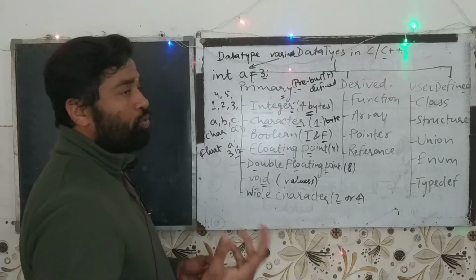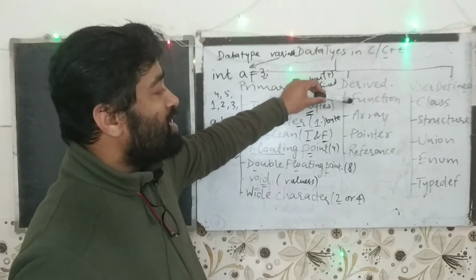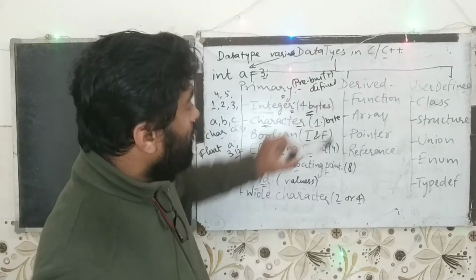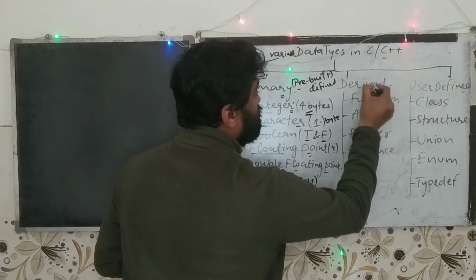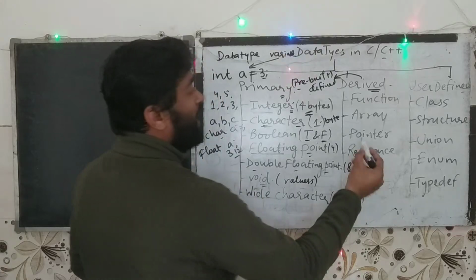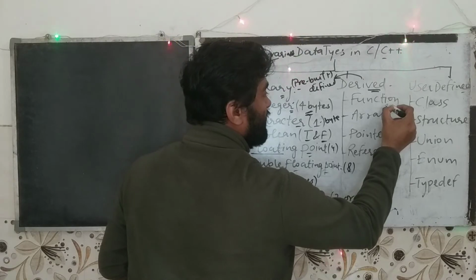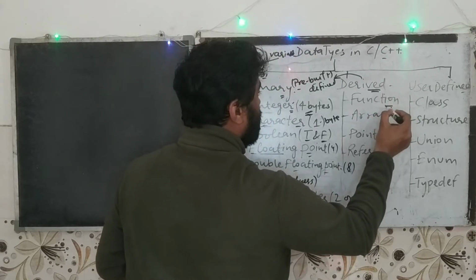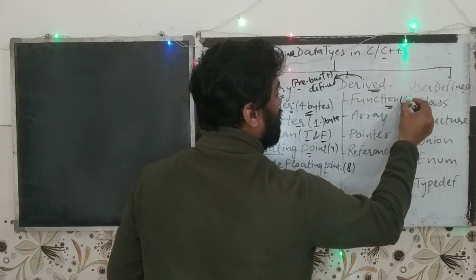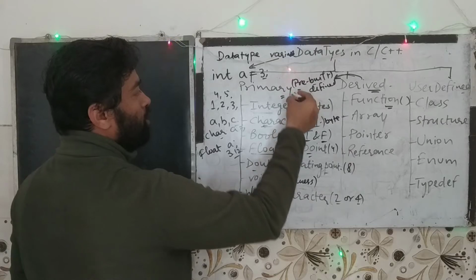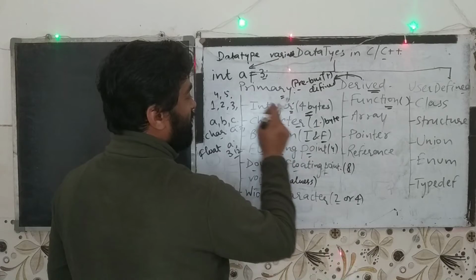If you want to use derived data types, you can derive your own data type, but you have to use these predefined types. The derived data type is also predefined, but you can include predefined data types in it as well. If a function is declared, then in a function you can create your own values through primitive or pre-built data types.